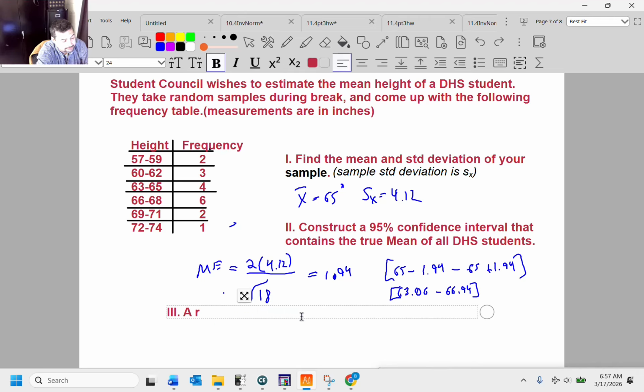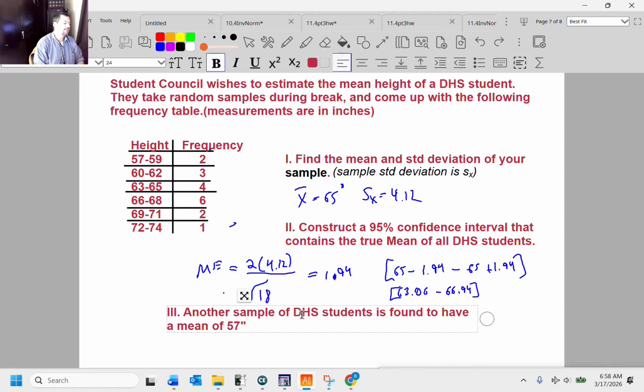A sample of freshmen is found to have a height. Let me say this. Another sample of DHS students is found to have a mean of 57 inches.